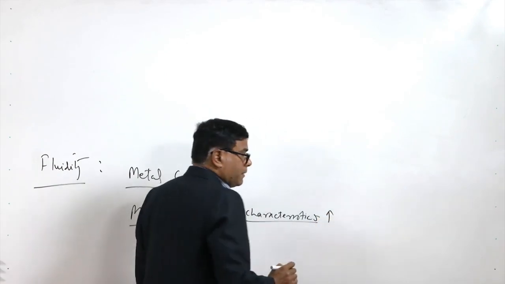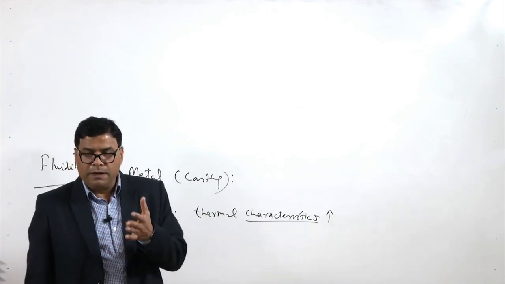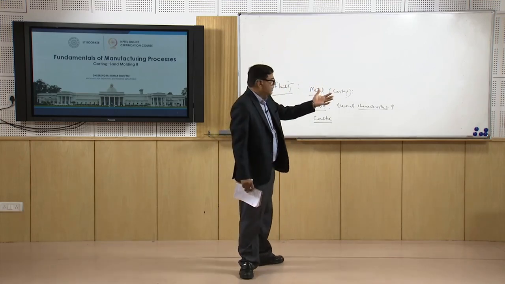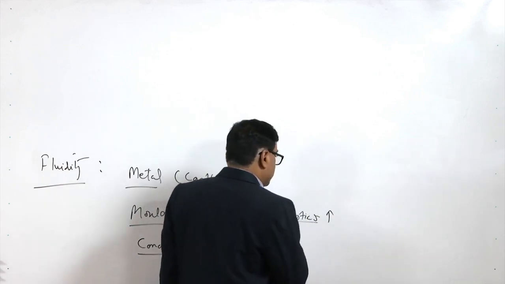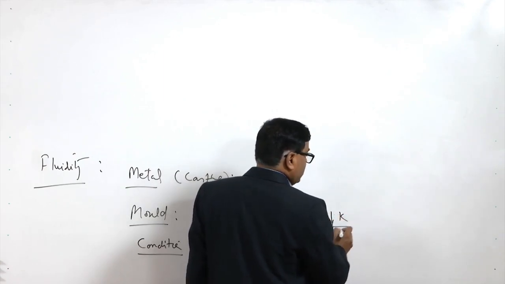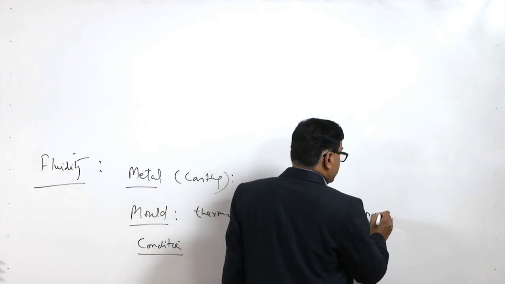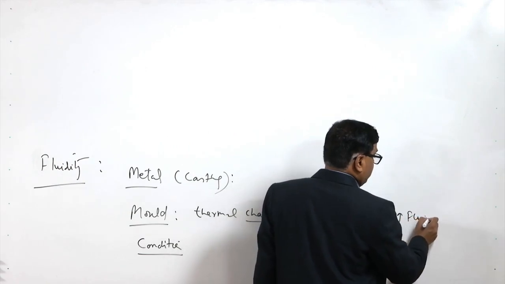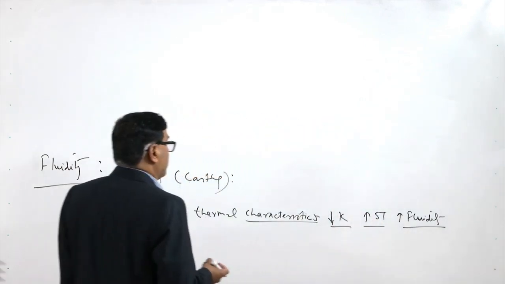So, higher is the thermal conductivity, faster will be the heat extraction from the molten metal and earlier will be the solidification. So, the molten metal will not be able to flow for long and therefore, fluidity will be reduced. If the mould wall surface has lower thermal conductivity, this will lead to increased solidification time, and increased solidification time will increase the distance up to which molten metal can flow before the commencement of solidification.